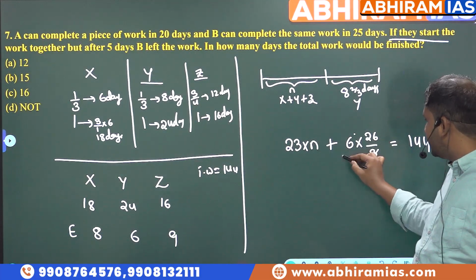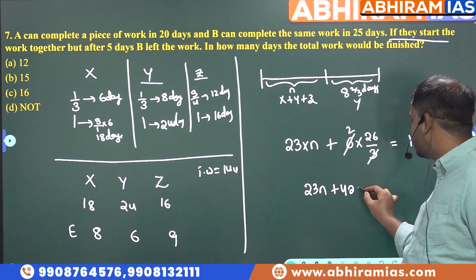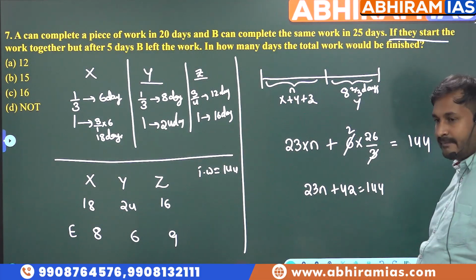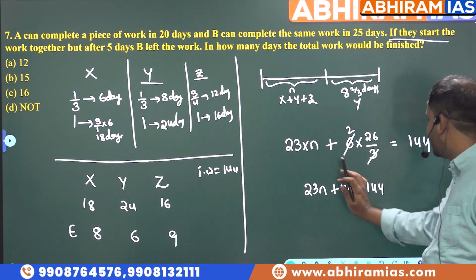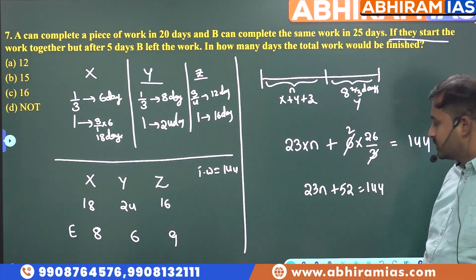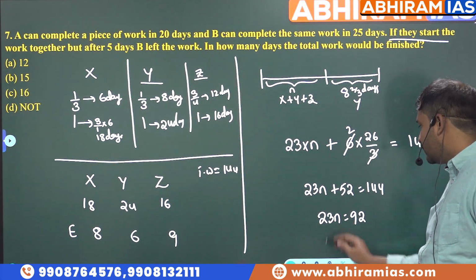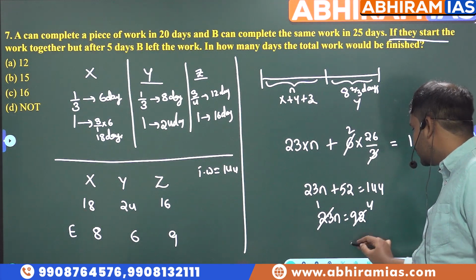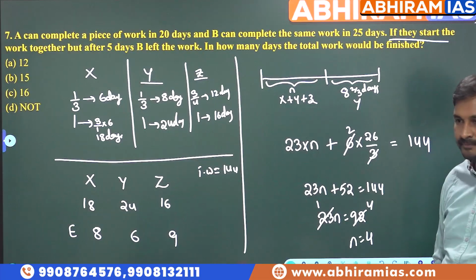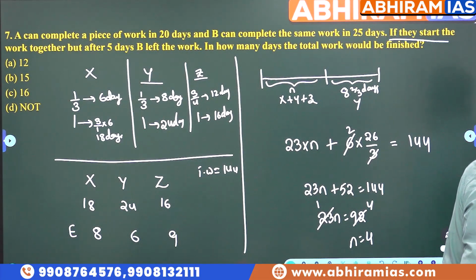So 23n plus 2 into 26, that is 52, is equal to 144. So 23n will become 92. 23 ones, 23 fours. So n is equal to 4. This is the answer. This question was asked last year.